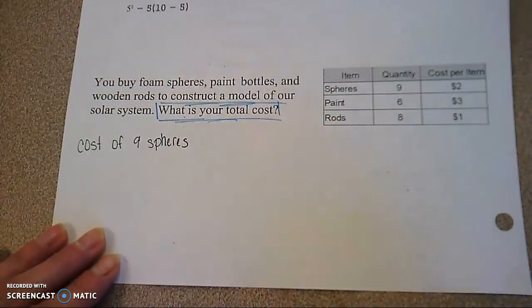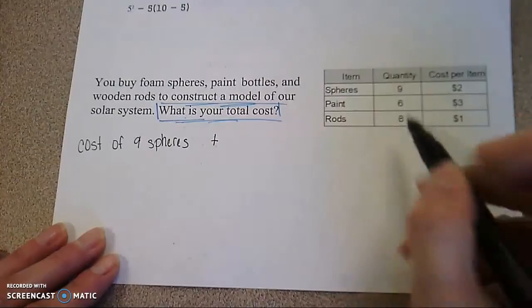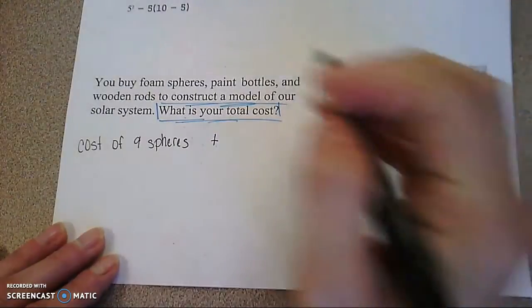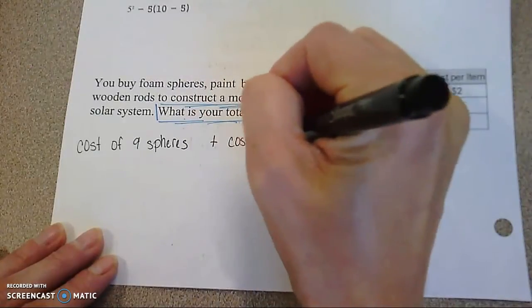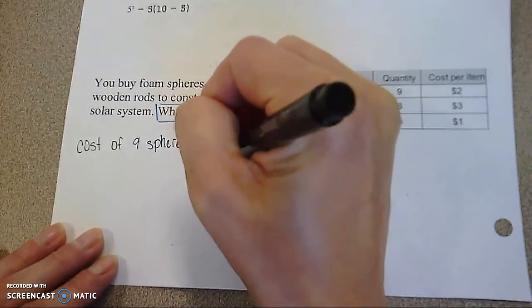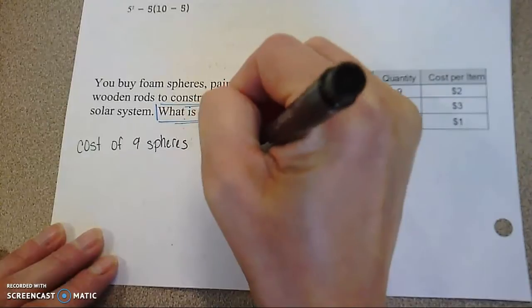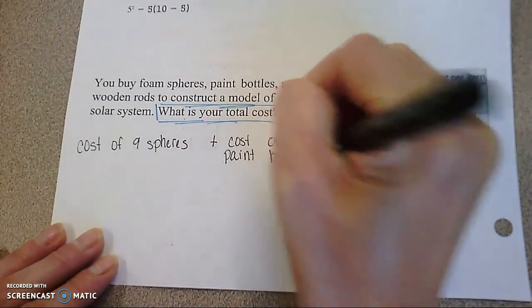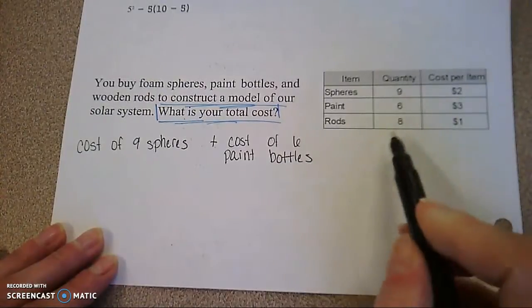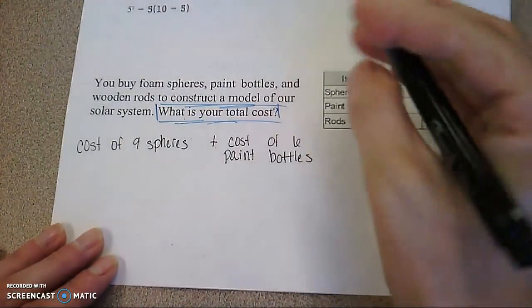We're going to add to that the cost of the 6 paint bottles. And then lastly, we're going to add the cost of buying these 8 rods.